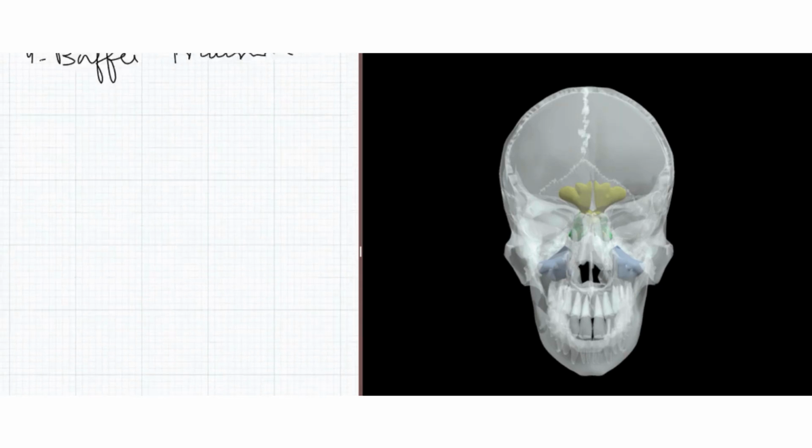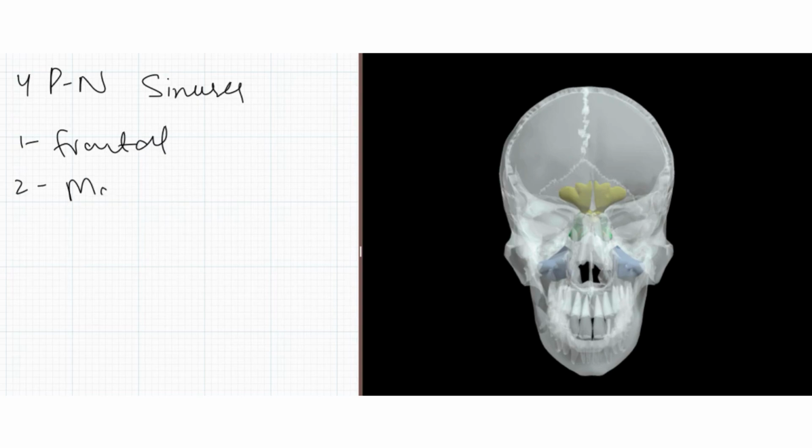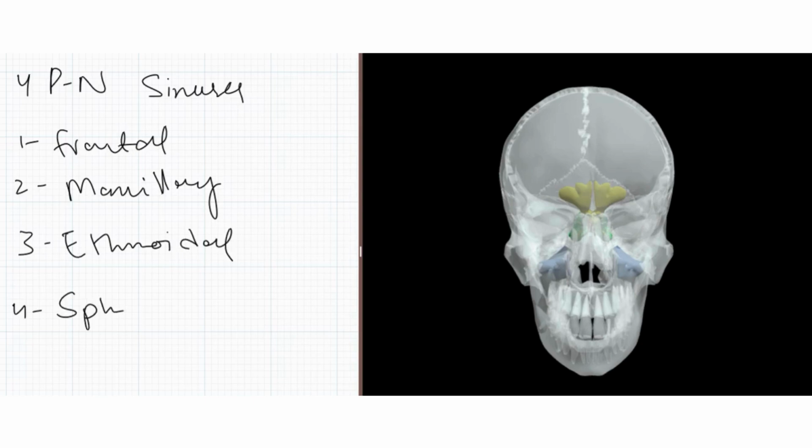We have 4 paranasal sinuses: frontal, maxillary, ethmoidal, and sphenoidal.